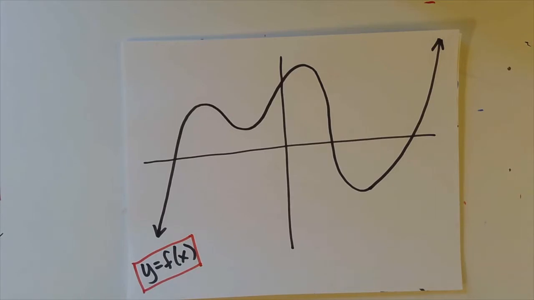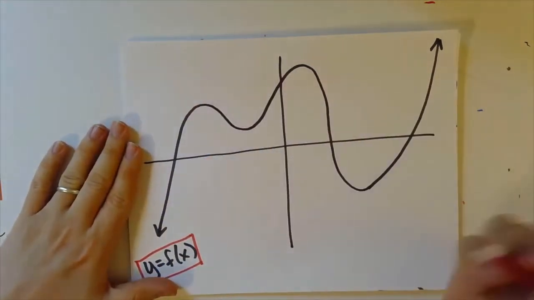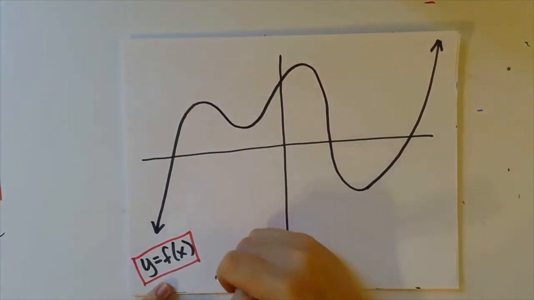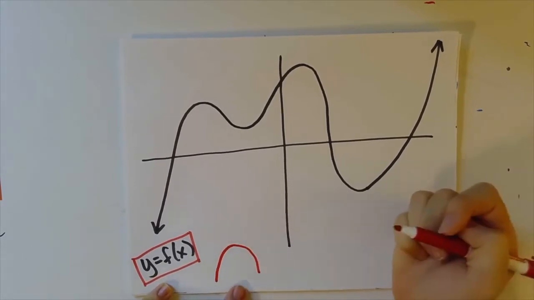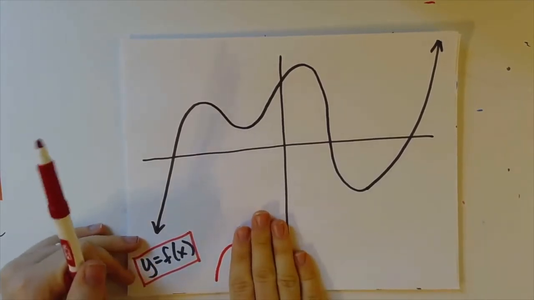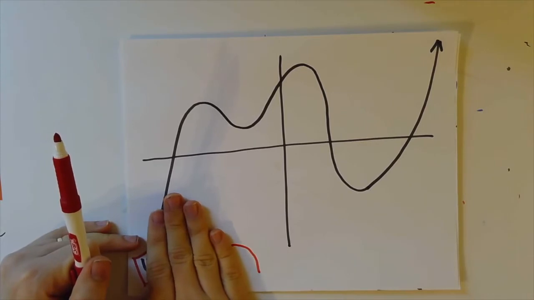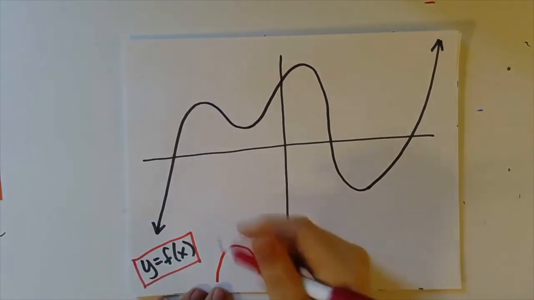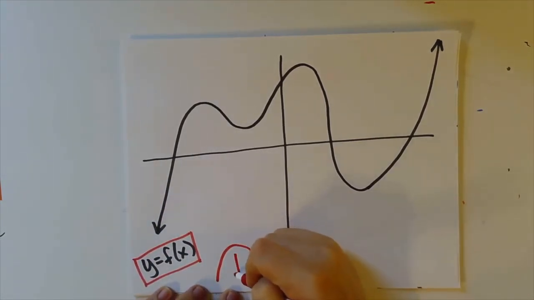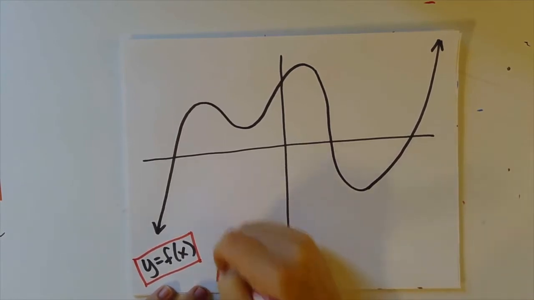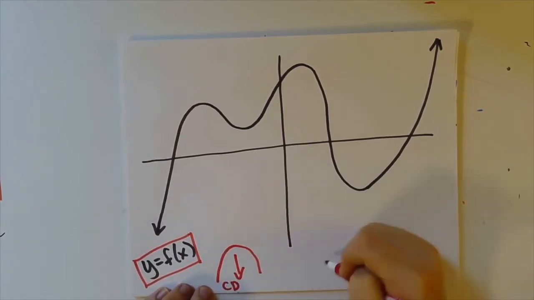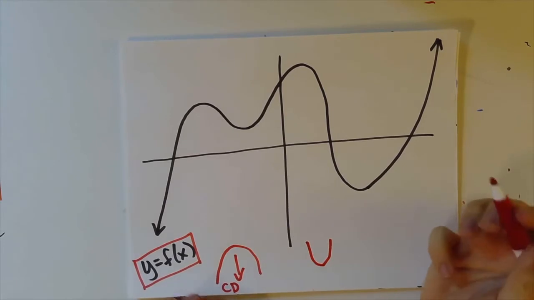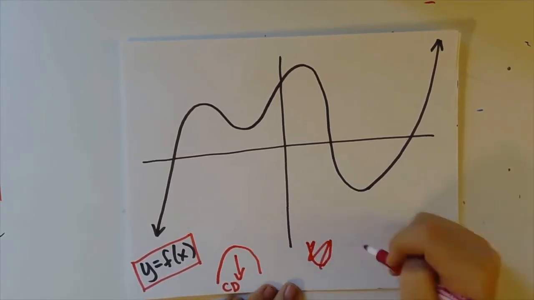First I want to remind you that any piece of this shape, whether it's the left piece or that piece or the whole thing, is what concave down looks like. And any piece of this graph, you're supposed to imagine it looks more like that.